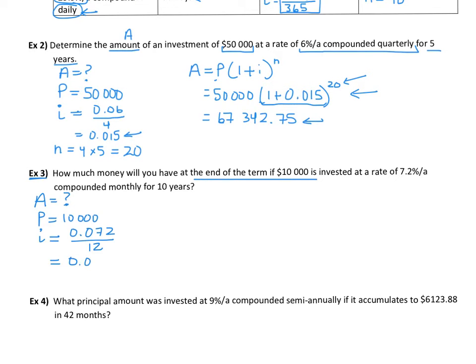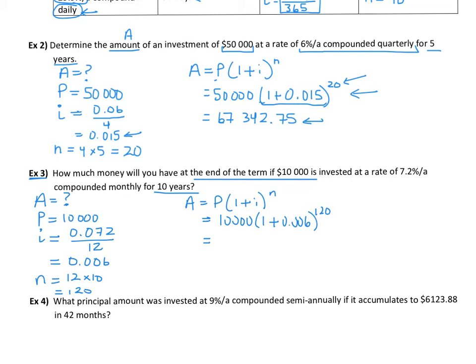If it didn't, I would just leave it in its fraction form there. Number of times it's going to compound: it's monthly for 10 years. So 12 times per year for 10 years is 120 times it will compound. So let's see how much $10,000 will grow to in 10 years here. So P times 1 plus I to the exponent of N. $10,000, 1 plus 0.006 to the exponent 120.